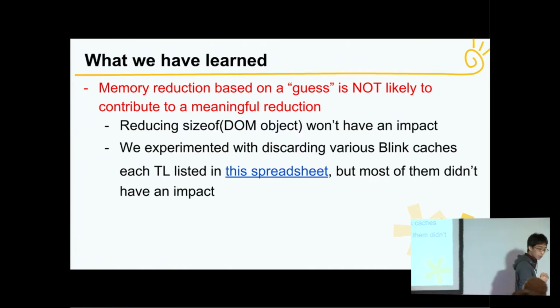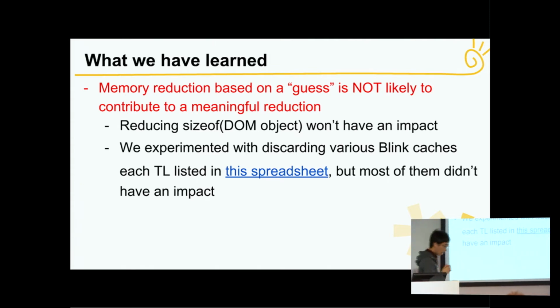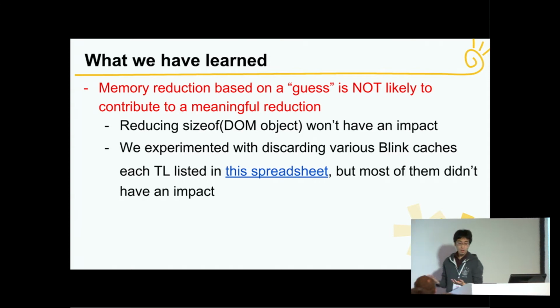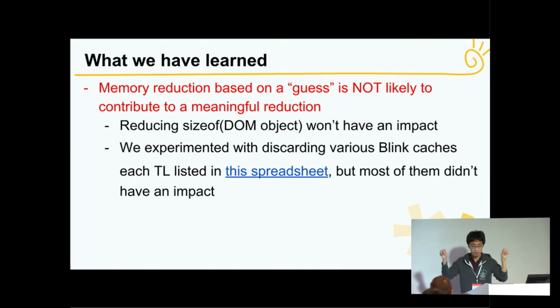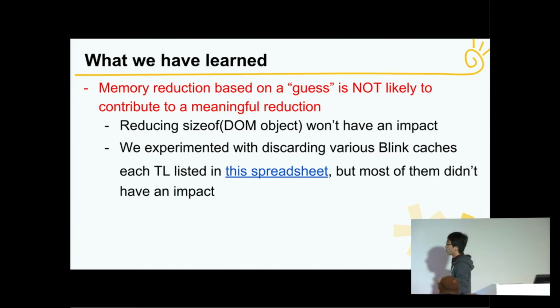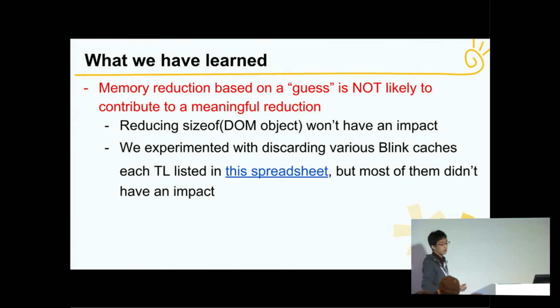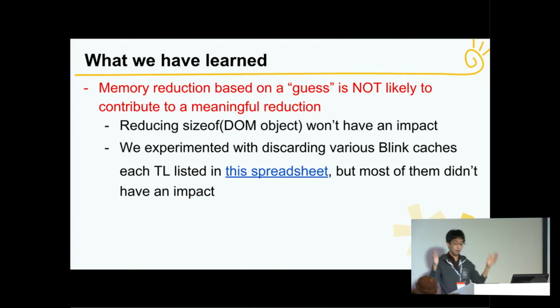I would like to talk about what we have learned in these investigations. One thing we have learned is that memory reduction based on a guess is not likely to contribute to a meaningful reduction. For example, we invested a bunch of effort to reduce the size of node or size of CSS values.